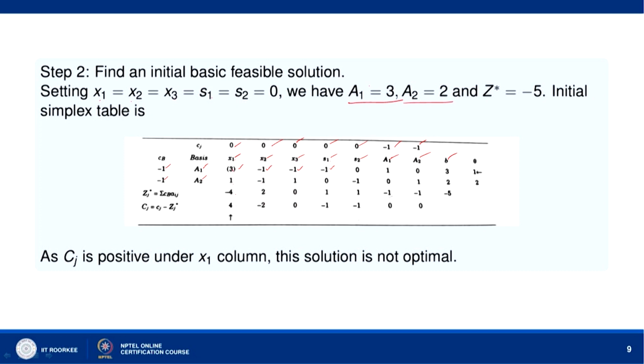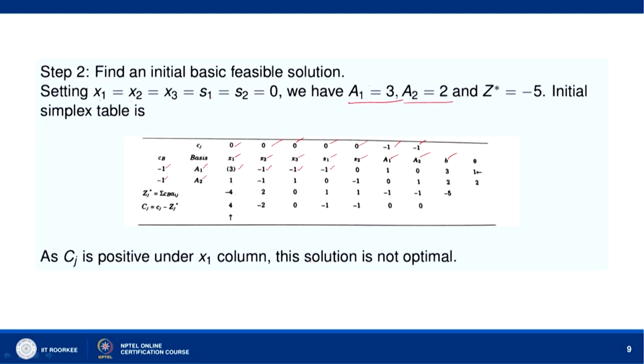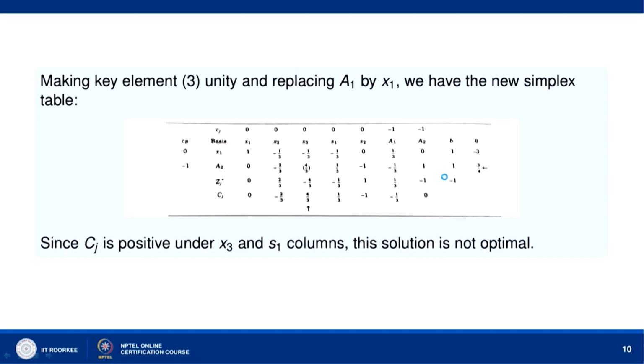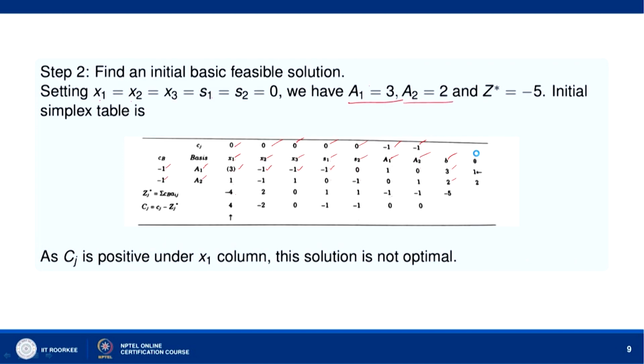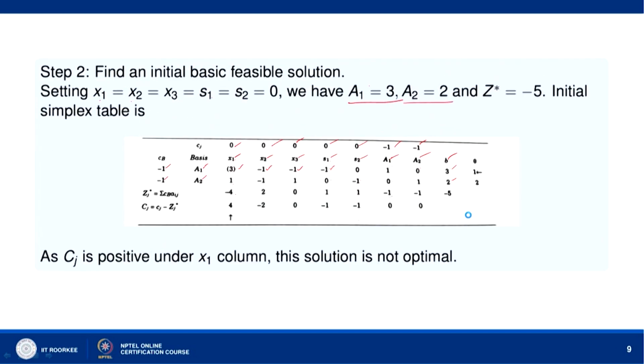The coefficients of x1 are 3 and 1, coefficients of x2 are minus 1 and minus 1, coefficients of x3 are minus 1 and plus 1, and these are the coefficients of s1, s2, a1 and a2, and these are the elements in the b column, 3 and 2.